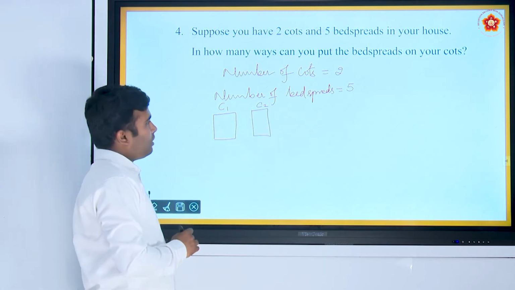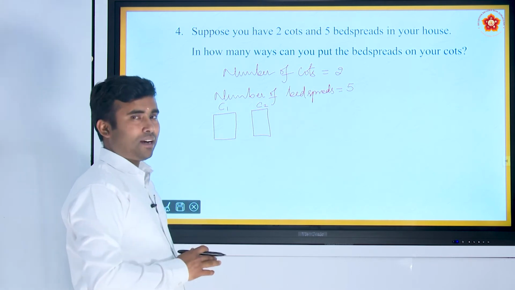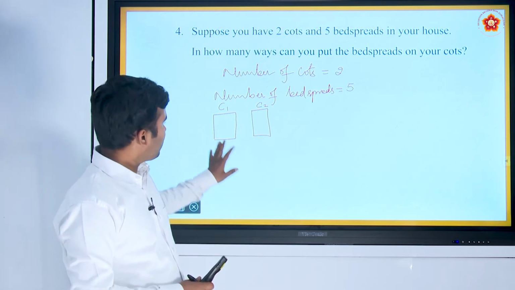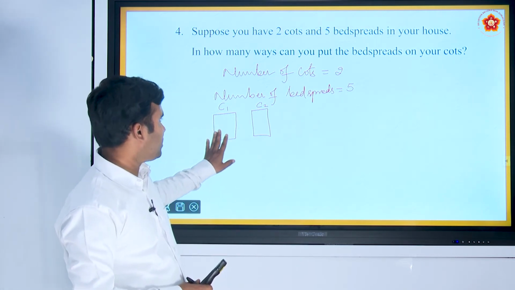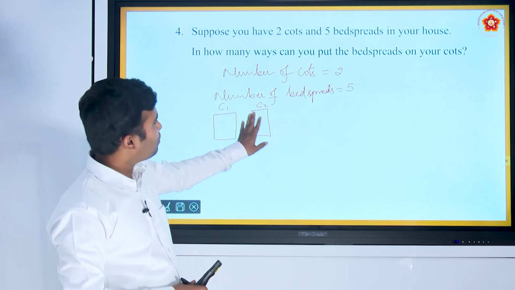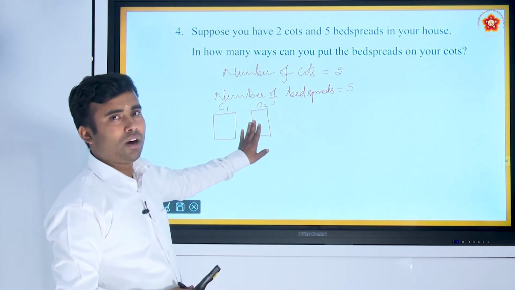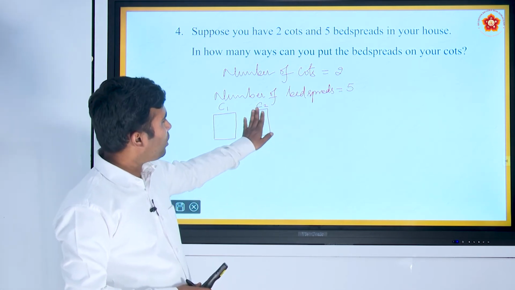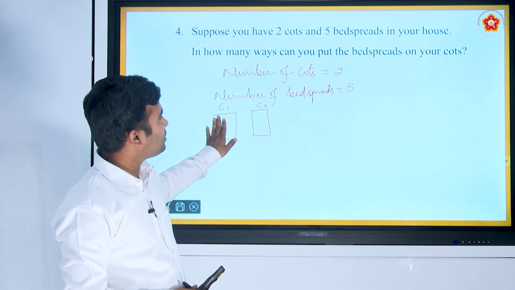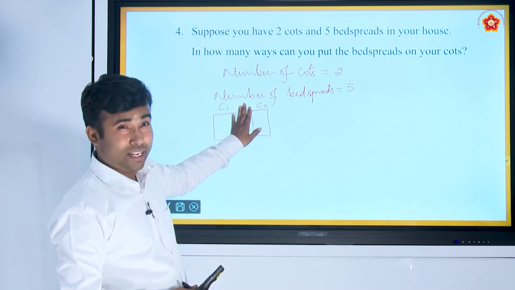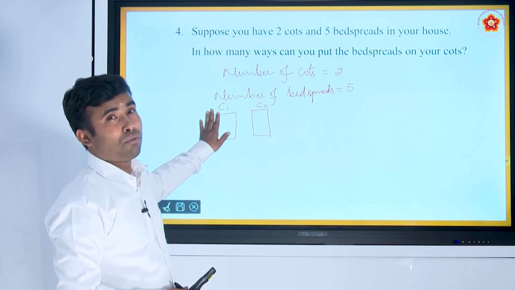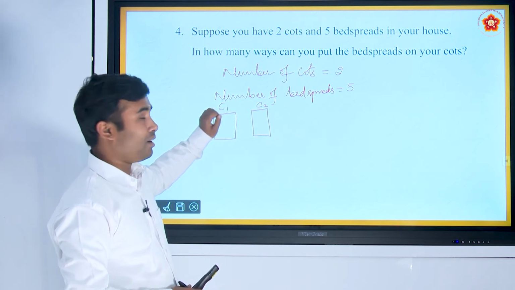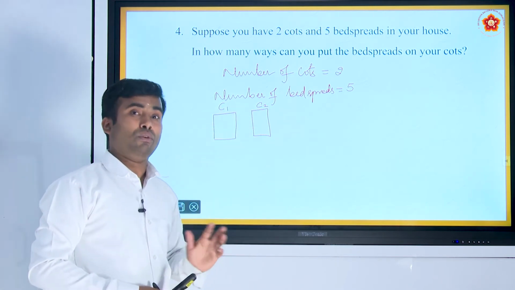For the first cot, or you can take the second cot, whatever your choice, I can put in 5 ways. But after putting one on a cot, you will be left with 4 bedspreads. Understand?